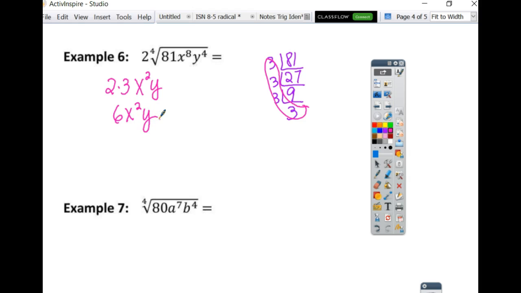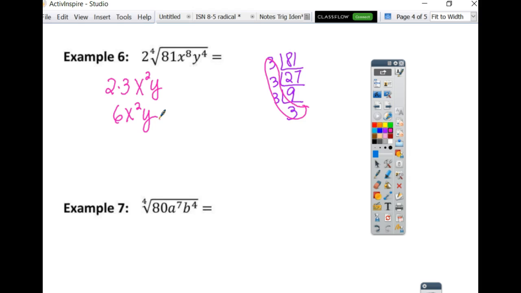I told you it was easy. Right there. 6x squared y. The 2 is from the problem and the 3 is from the birthday cake. 8 divided by 4 is 2. 4 divided by 4 is 1.